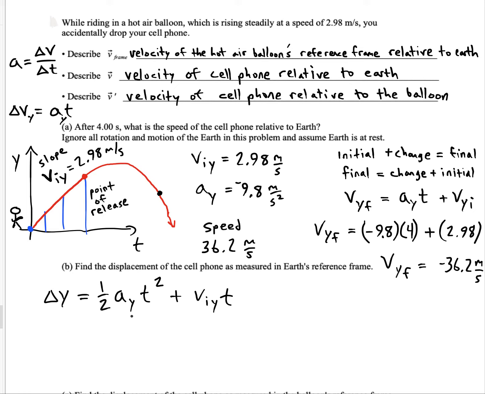And we would just do everything as normal, as if it wasn't a relativity problem. So delta y equals 1/2 times negative 9.8 times 4 squared plus 2.98 times 4.